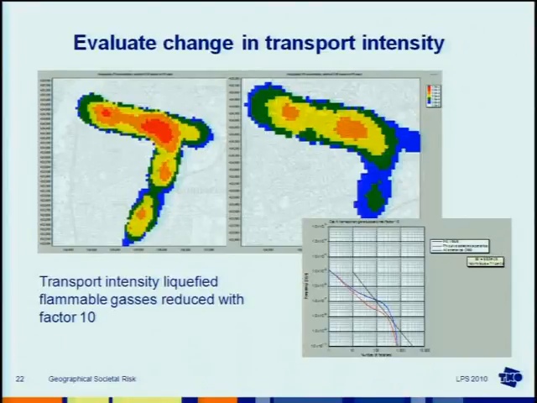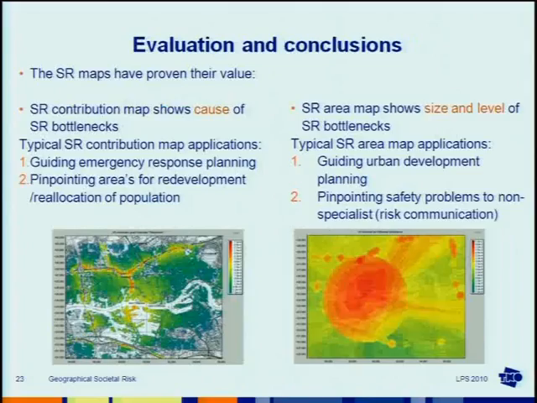Evaluate the change in transport intensity, so change the intensity, and you can see that the colors get lower and it's more allowed. So eventually we can say the societal risk maps have proven their value because they give you more insight, and even non-specialists can clearly see what's going on.